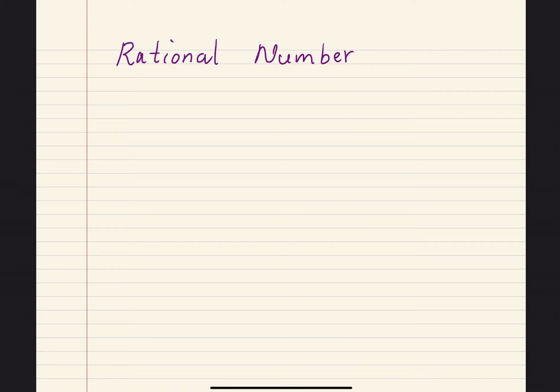Rational number means any number that can be written in the form a over b, which means a fraction, where b is not equal to 0. Basically, this is a fraction.